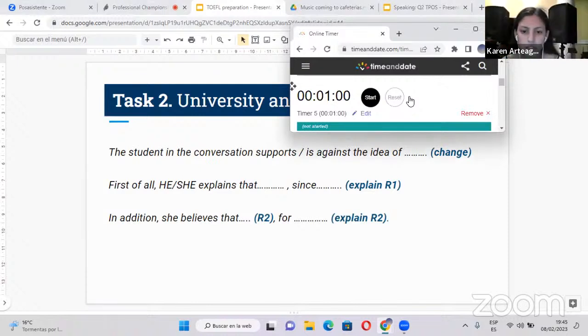The student in the conversation is against the idea of building a new athletic stadium. First of all, she explains that the university has bad conditions to attract top students, so they should spend that money in other academic areas like the library, the science class, etc. In addition, she believes that this is not going to improve the relationship between the university and the community, because the team is so bad, so it's not going to improve in one day.